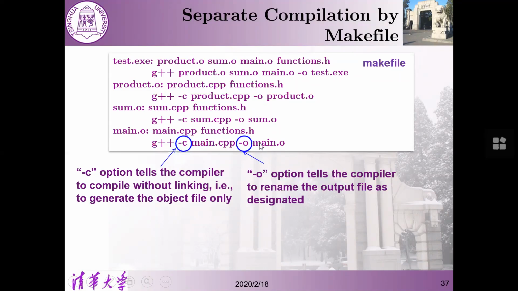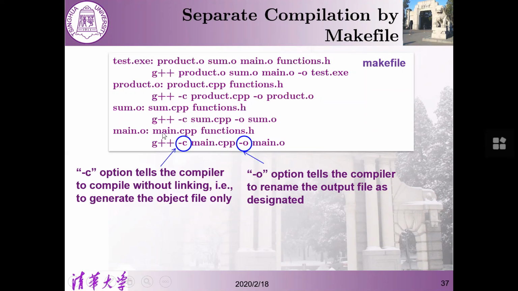So main.cpp will be compiled again into main.o. When main.o is generated, main.o is newer than what? Than test.exe, right? So this dependency rule will be triggered again.